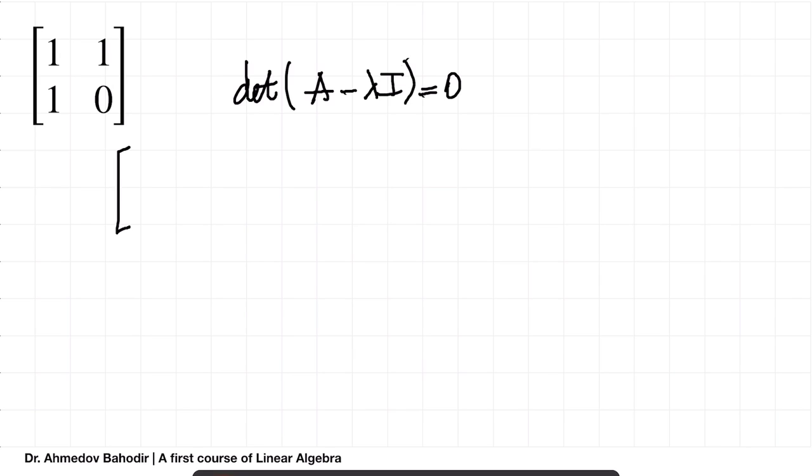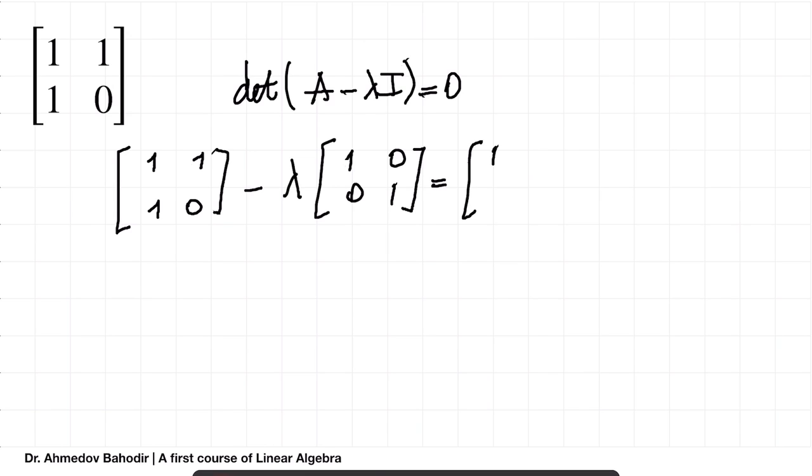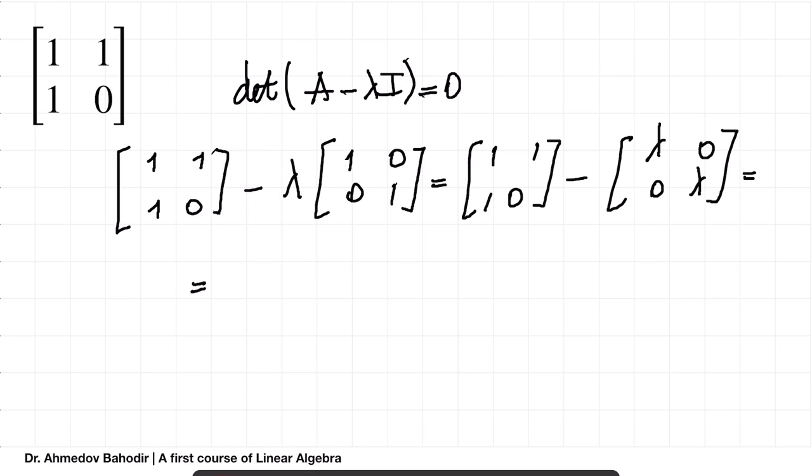So A is 1, 1, 1, 0. Minus lambda times I, which is 1, 0, 0, 1, is going to be equal to 1, 1, 1, 0 minus lambda, 0, 0, lambda. We just need to subtract lambda from the diagonal entries of this matrix, which gives 1 minus lambda, 1, 1, minus lambda.